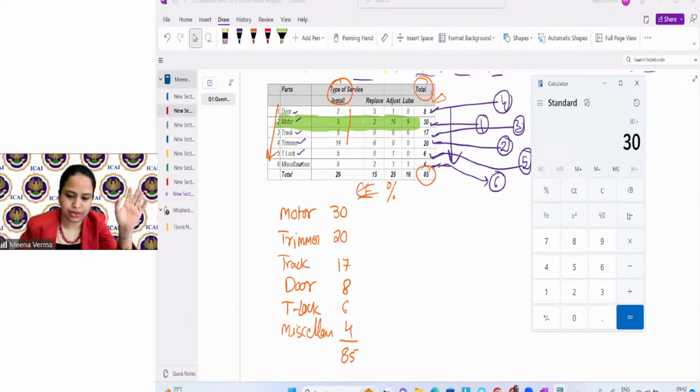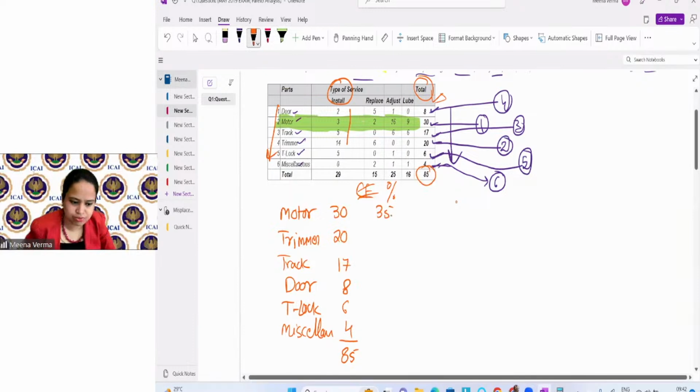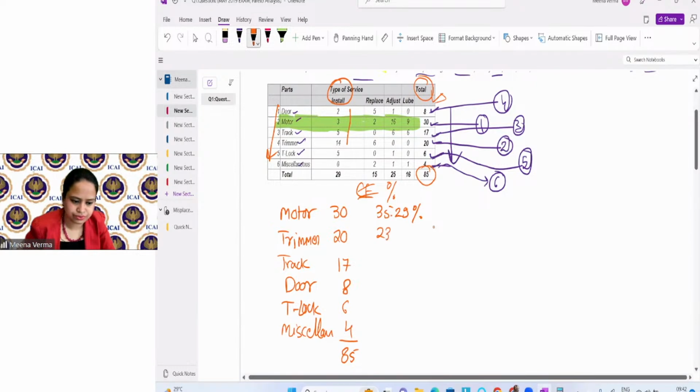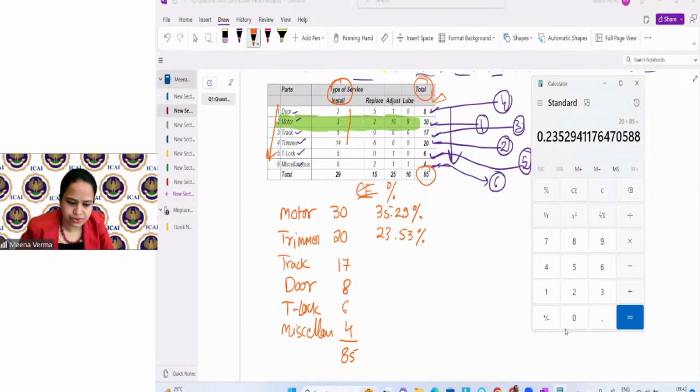Okay. 30 divided by 85 is 35.29%. The second one is 20 divided by 85, which is 23.53%. Then 17 divided by 85 is 20%.